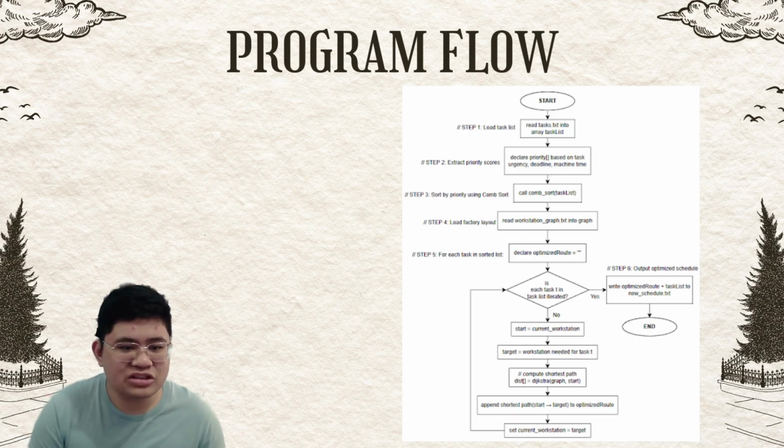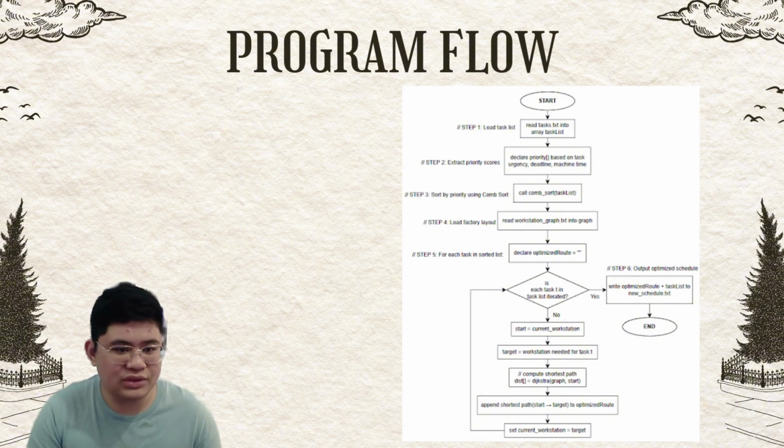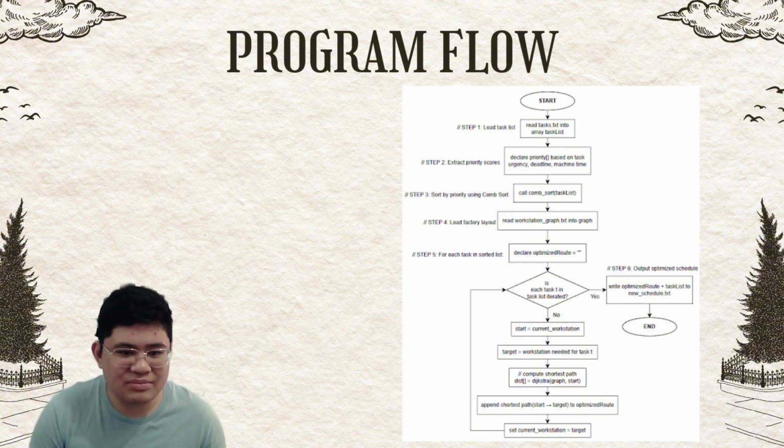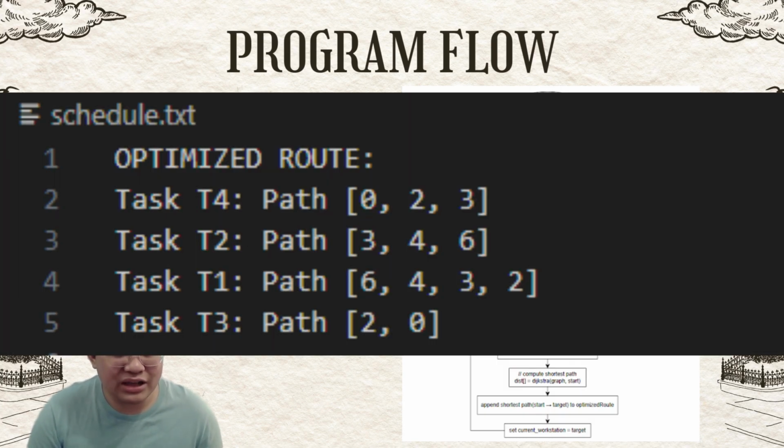Then, the program iterates through the sorted task list to determine the optimal path for moving between workstations. For each task, Dijkstra's algorithm is applied to compute the shortest distance from the current workstation to the task's target workstation. For our sample input, this will be the path.